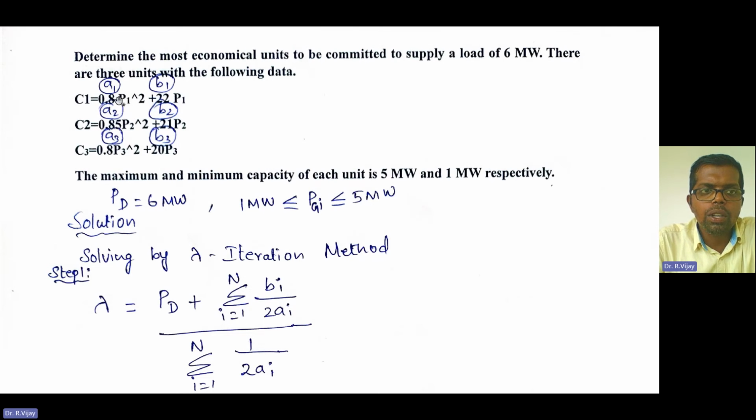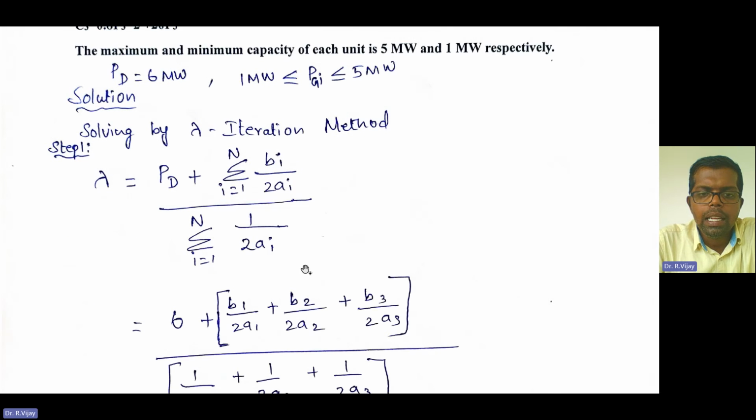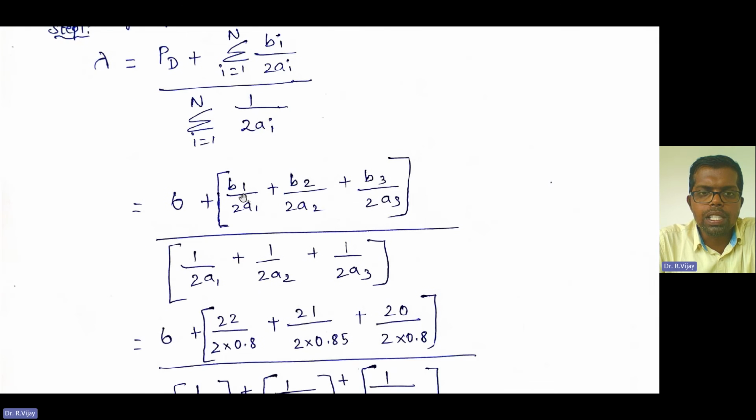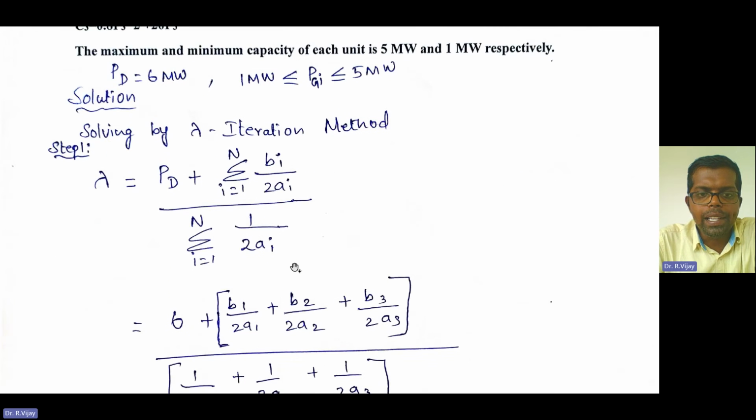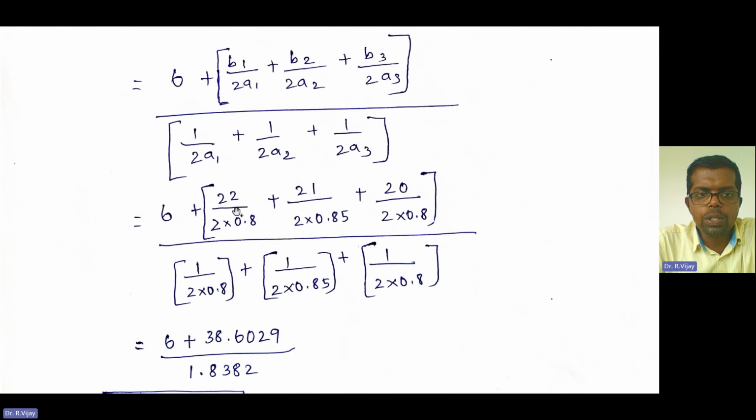Here b1 is 22, b2 is 21, b3 is 20, a1 is 0.8, a2 is 0.85, a3 is 0.8. Just substitute all these values, and you'll get the equation like this.